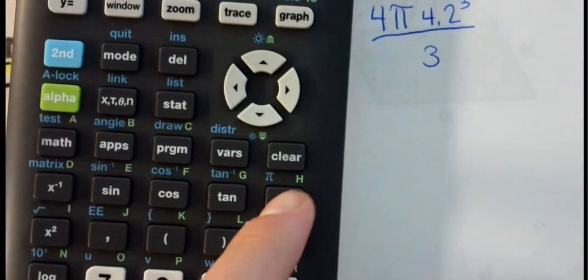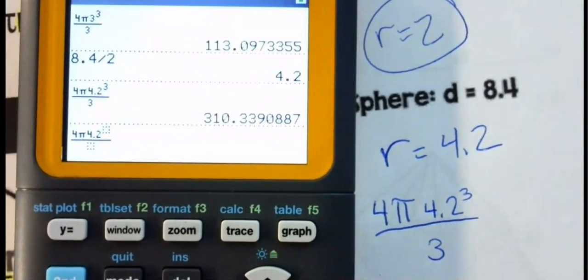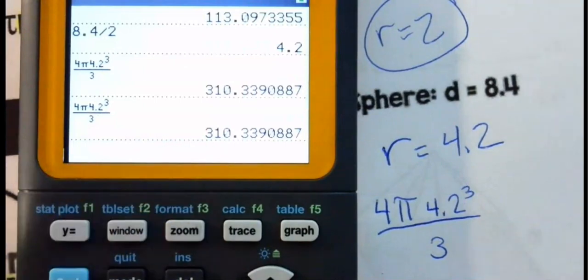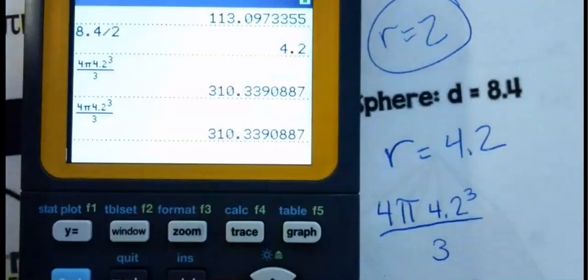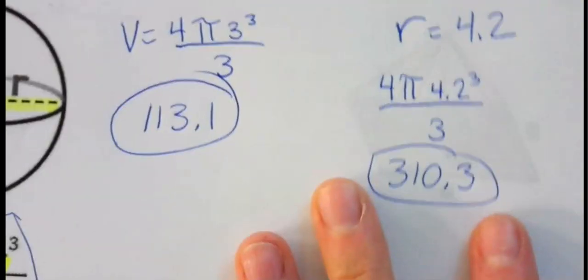This arrow that points up. We'll then put it in the superscript up high, and then you can type your 3 to cube it. And then that's how you get your number. So 310.3. Okay, that's it.